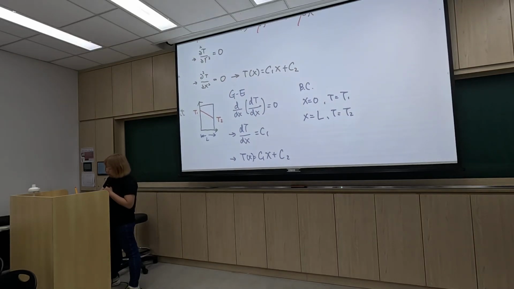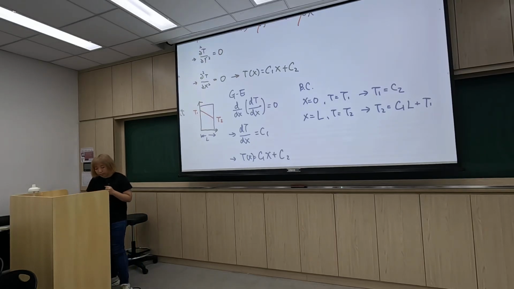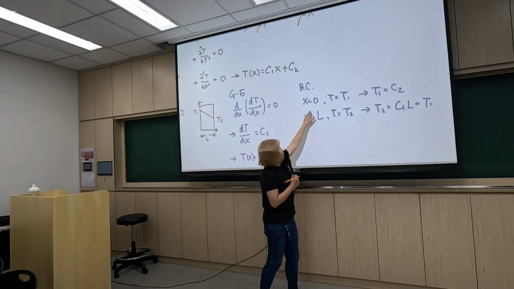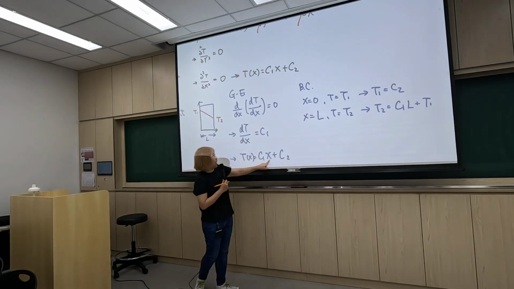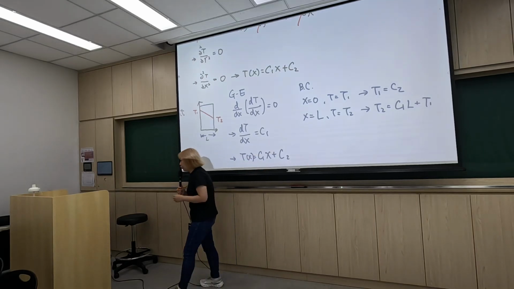When we put those boundary conditions into our governing equation, T2 will equal C1 L plus T1. Bring it back into the original equation.